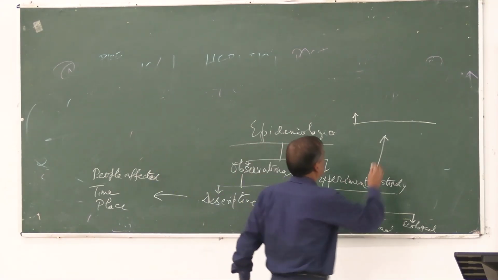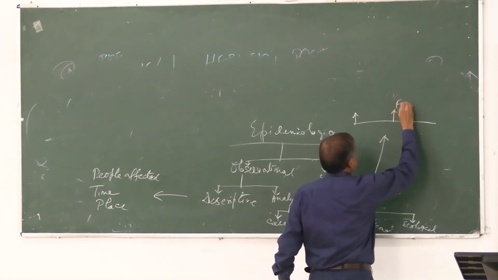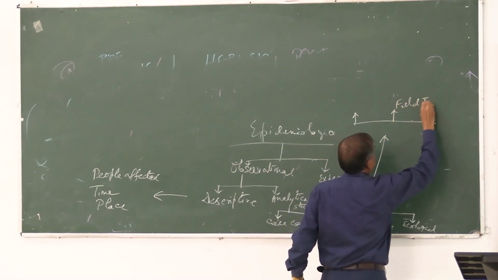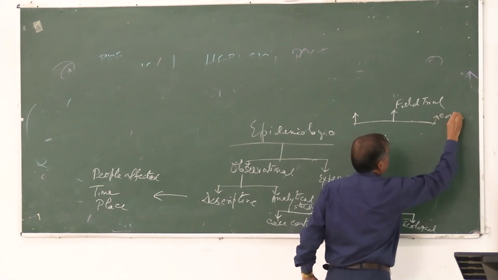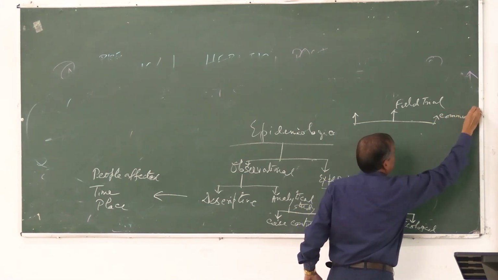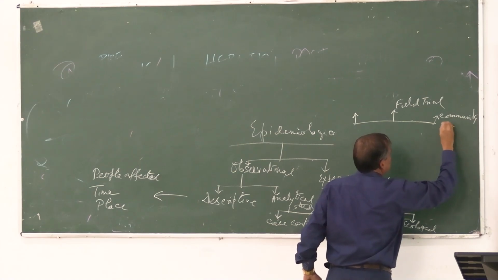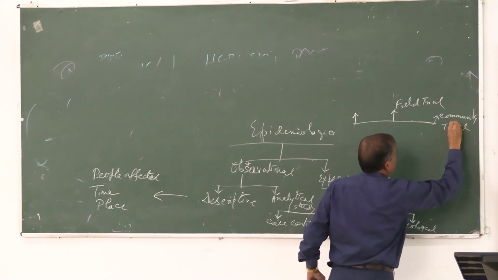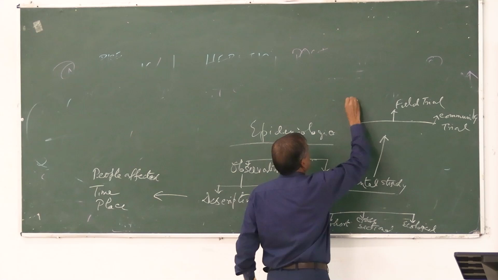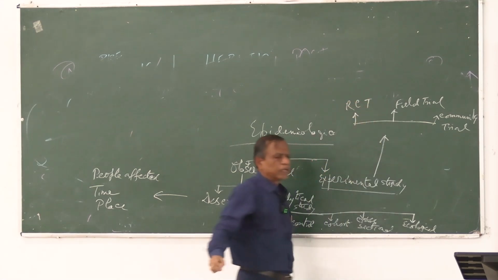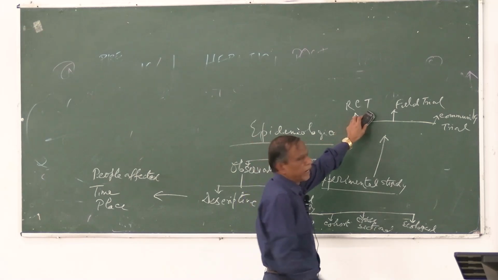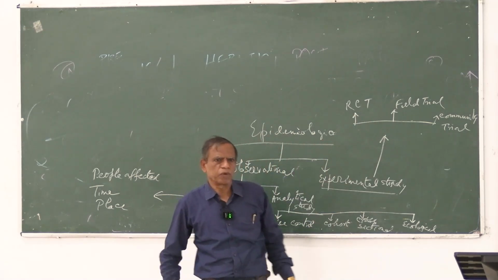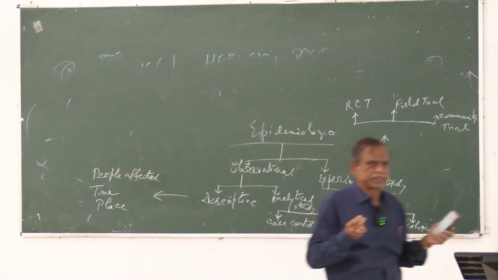In case of experimental study, we do field trial, community trial, or RCT, randomized controlled trial. Randomized controlled trial is nothing but random selection of two groups of people.